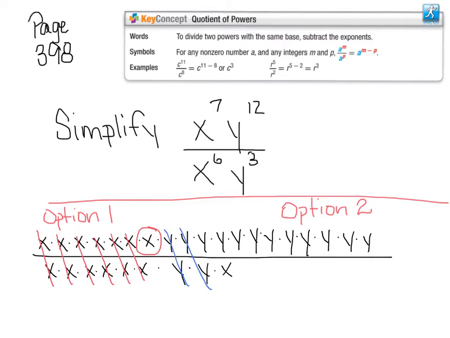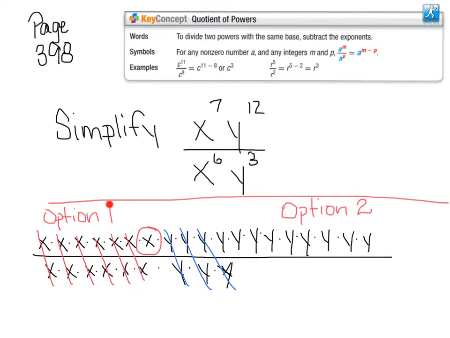That should be a y and not an x right here. Cross out those pairs, and then you count what you have left. Well, I only have ones. X over x would be 1. Right here, x over x. All of these pairs that I've crossed out would be 1. Anything over itself is 1.